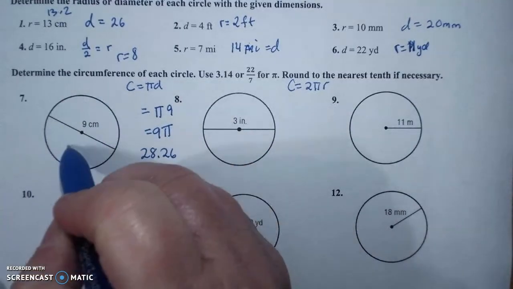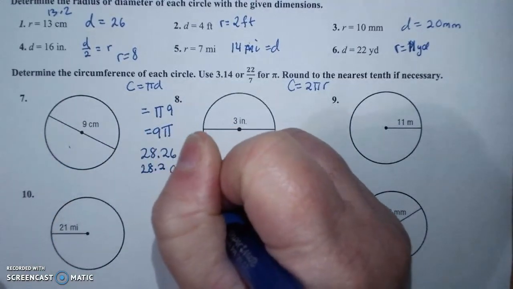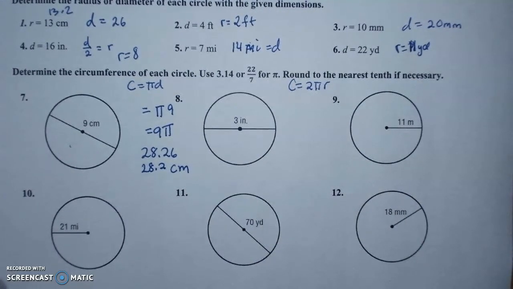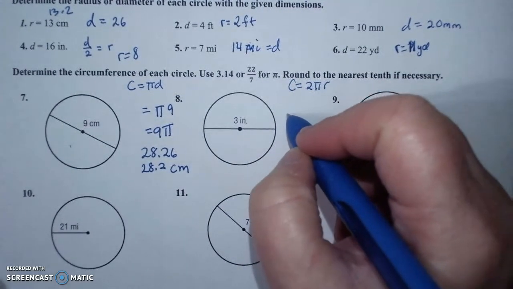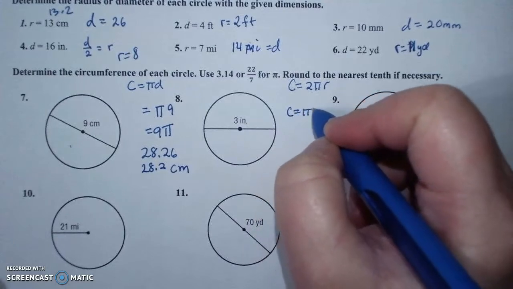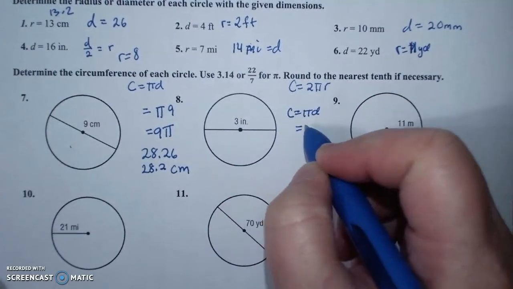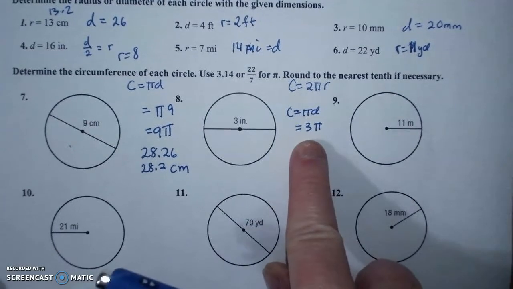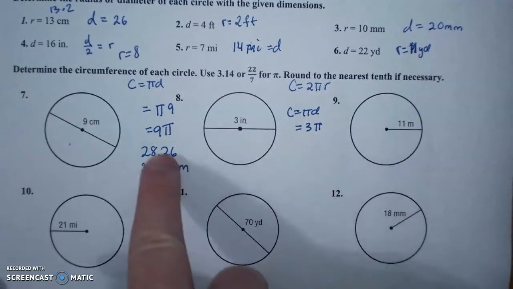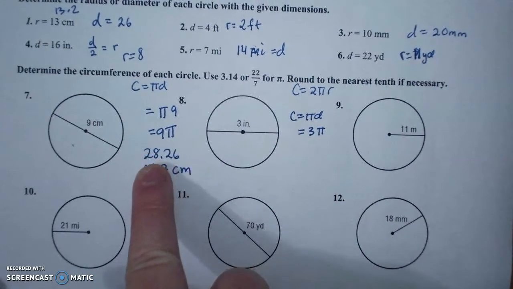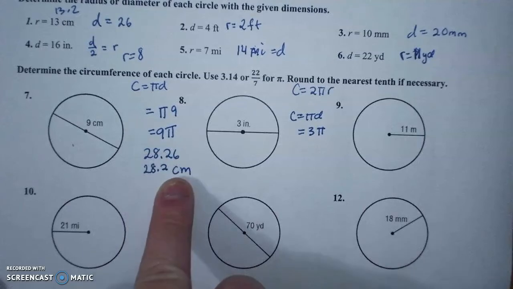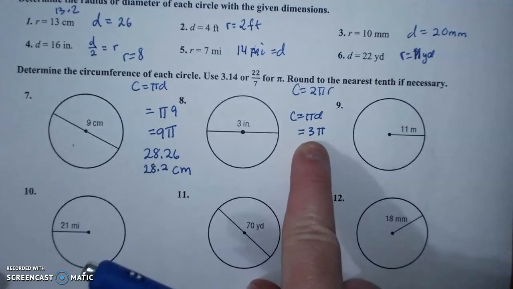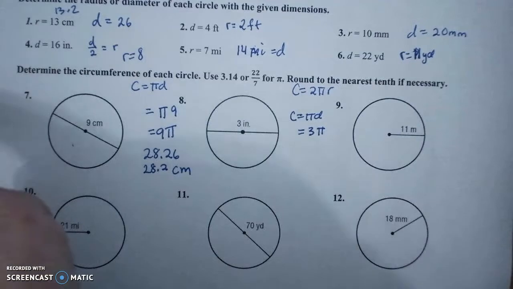Because this is a string wrapped around, it is centimeters because perimeter is units. C equals pi d. Diameter is 3, so it's 3 pi. There are sometimes multiple choice answers because this is an estimate. It's not an exact number because we're using pi, which is an irrational number. I'm going to leave it as 3 pi and it's more recognizable.